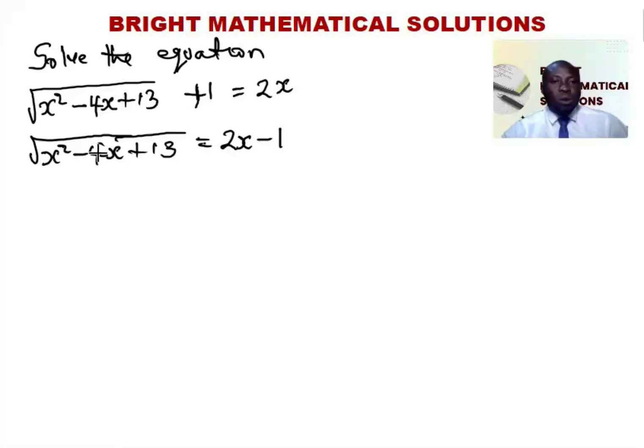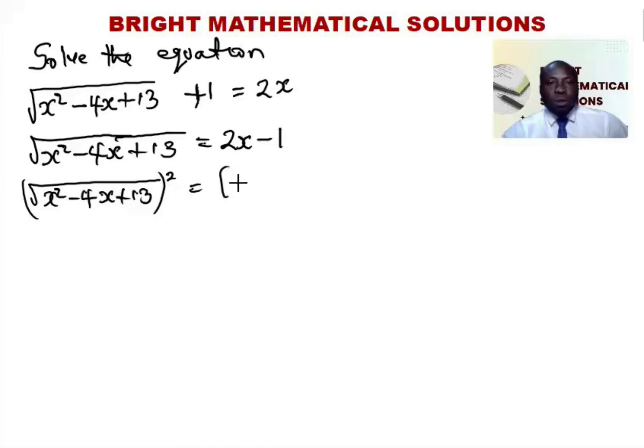Now let us square both sides, such that we find a way to eliminate the root that we have here. Therefore, the root of x squared minus 4x plus 13, raised to power 2, equals 2x minus 1 raised to power 2.